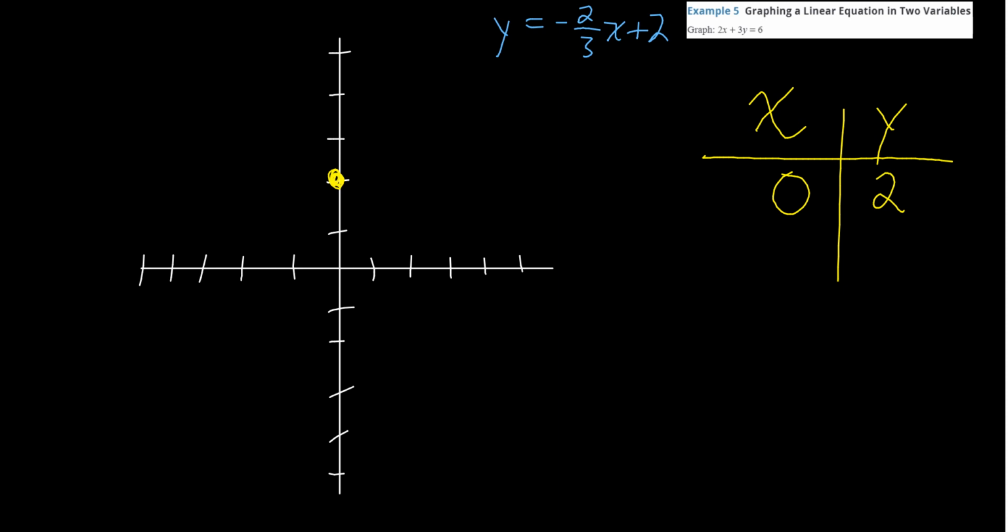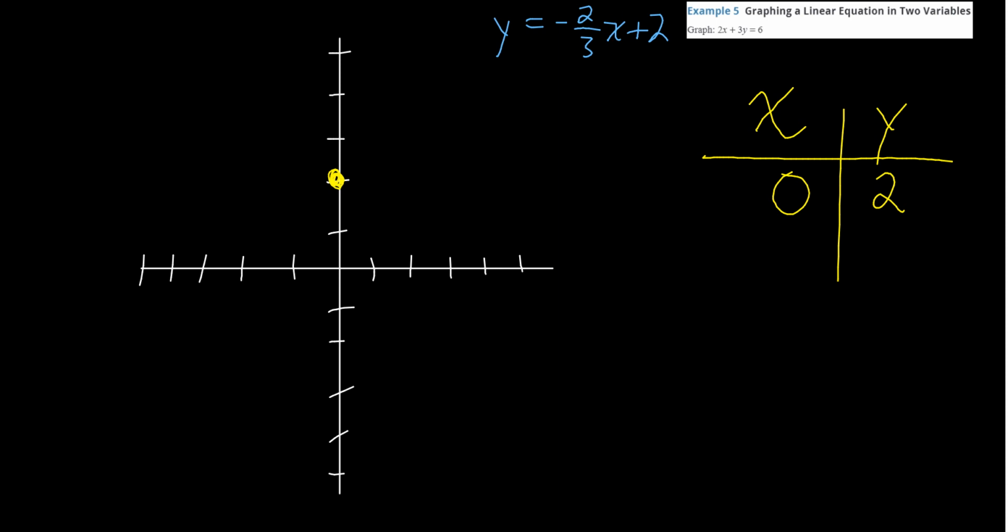The next number I'm going to choose is a 3. And the reason I'm going to choose a 3 is because notice if this x is a 3, then the 3's just cancel, right? Negative 2/3 times 3, the 3's cancel, so I end up with a negative 2 plus 2. So I'm choosing a number there that gets rid of the fraction. I don't like fractions.